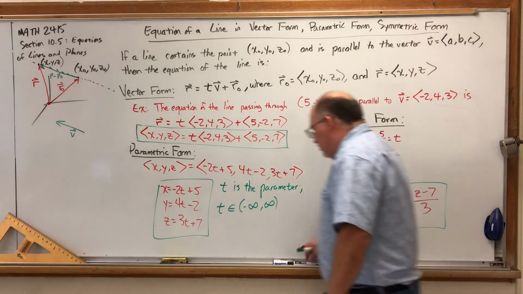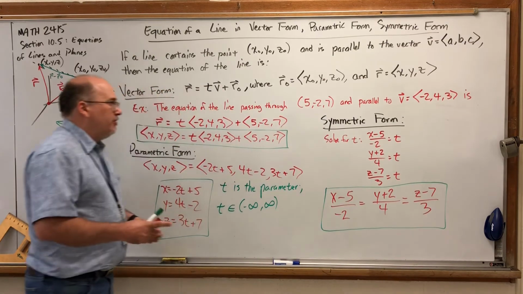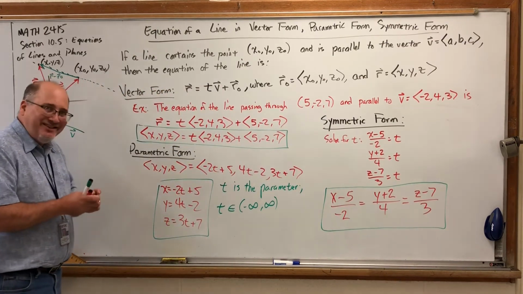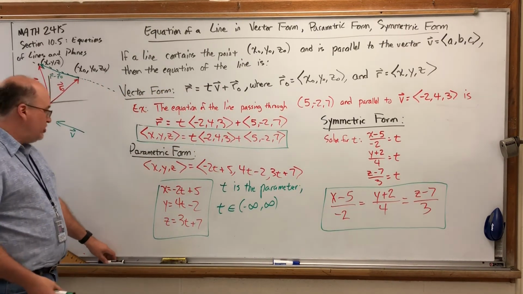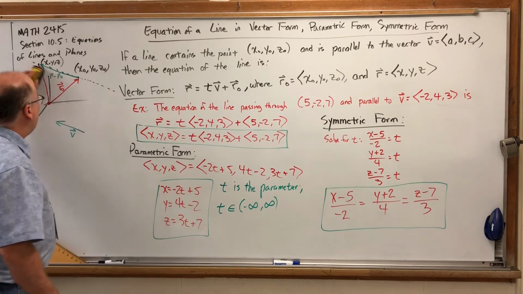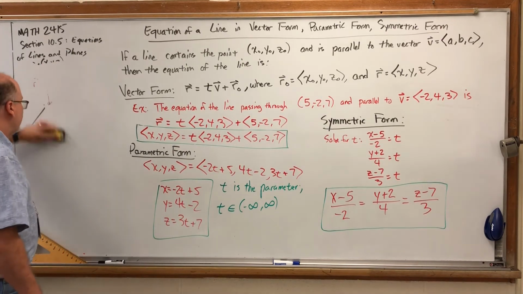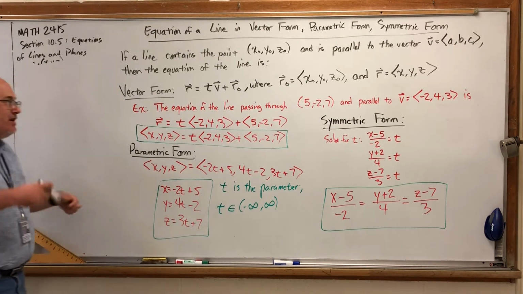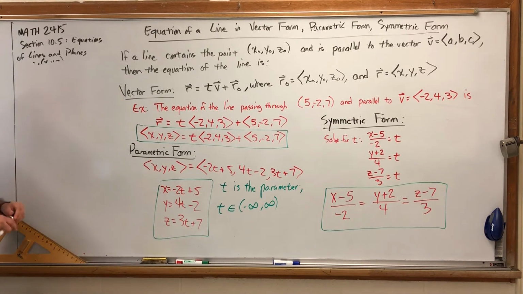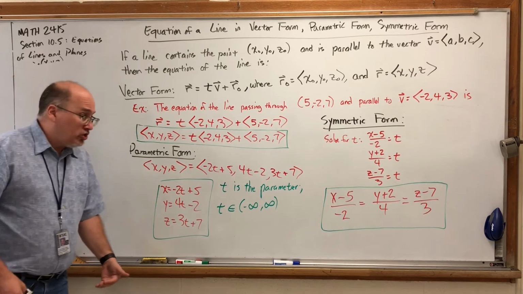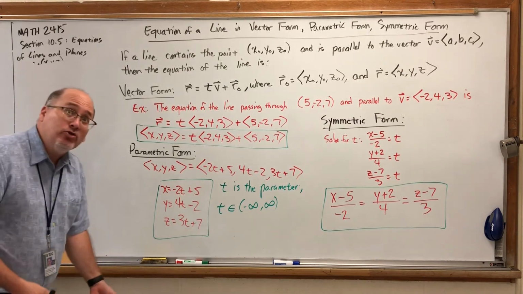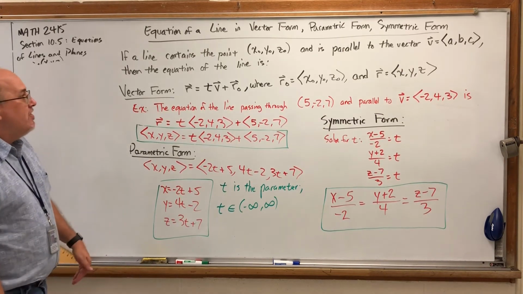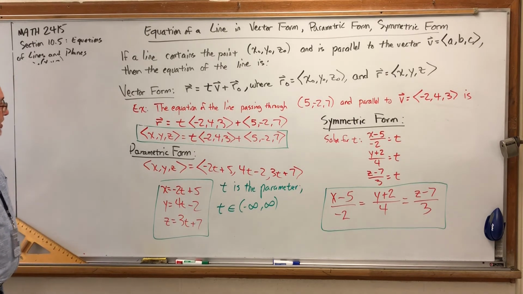Now, you can probably figure out that you can build any of these 3 forms instantly if you have the same information. In other words, if you have a point that a line goes through and a parallel vector, then you can set up any of these forms, and vice versa. From these forms, you can extract a point that the line goes through and a vector that the line is parallel to.